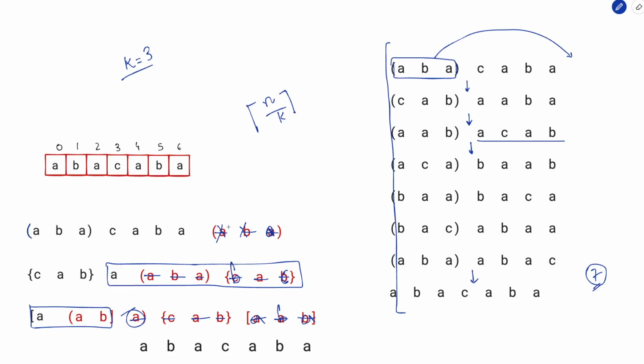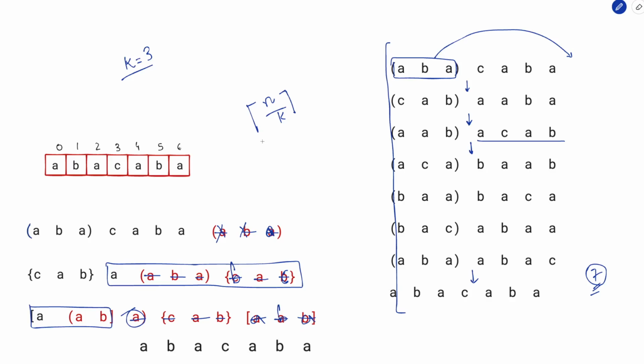Basically, the LCM divided by k would be your answer, but now we have n by k, which is definitely less than the previous one. So this is now our upper bound. We are saying that in this many operations, we will be able to get the original string for sure.